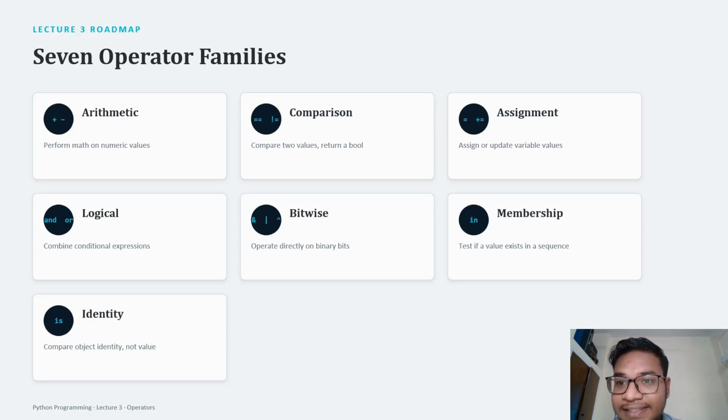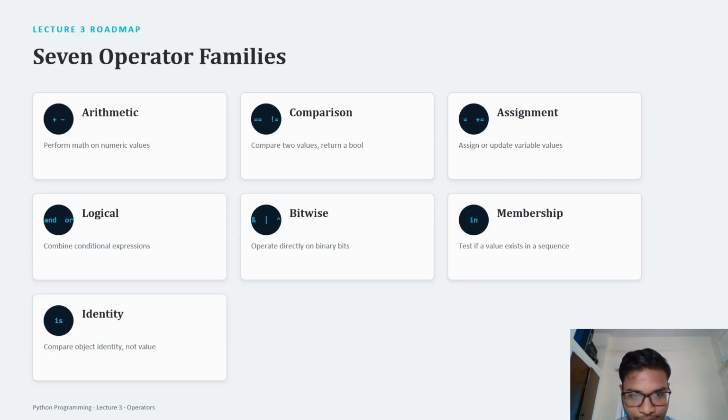Third is the assignment operator, that assigns or updates a variable's value. Fourth is the logical operator, that combines conditional expressions. What is a conditional expression? We will talk about that in brief in our next lecture: conditional expressions like if, else, and else if.